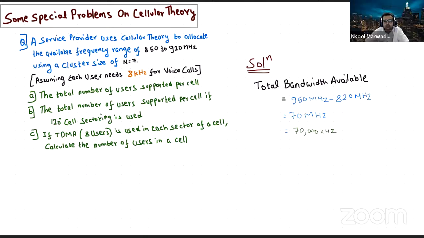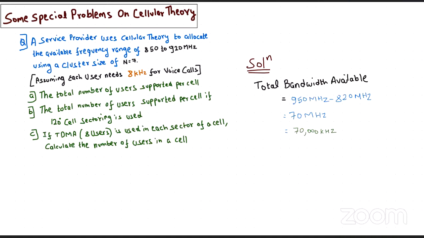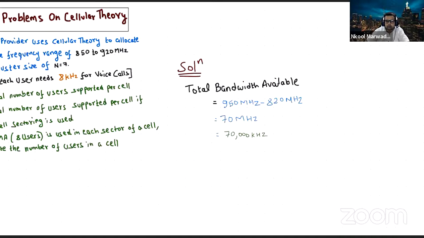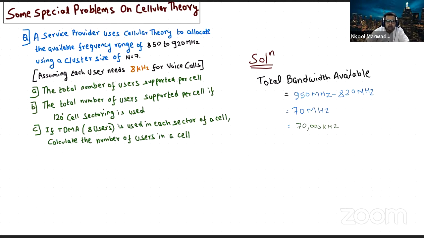Now tell me one thing. So this is the available bandwidth, and this many frequencies are being shared. Yes. Okay. So next is the available bandwidth per cell. Let us calculate.